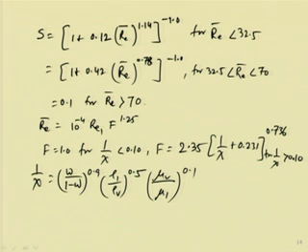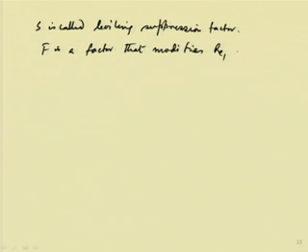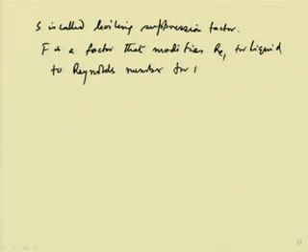S is called the boiling suppression factor and F is a factor that modifies the Reynolds number of the liquid to the Reynolds number for the mixture.